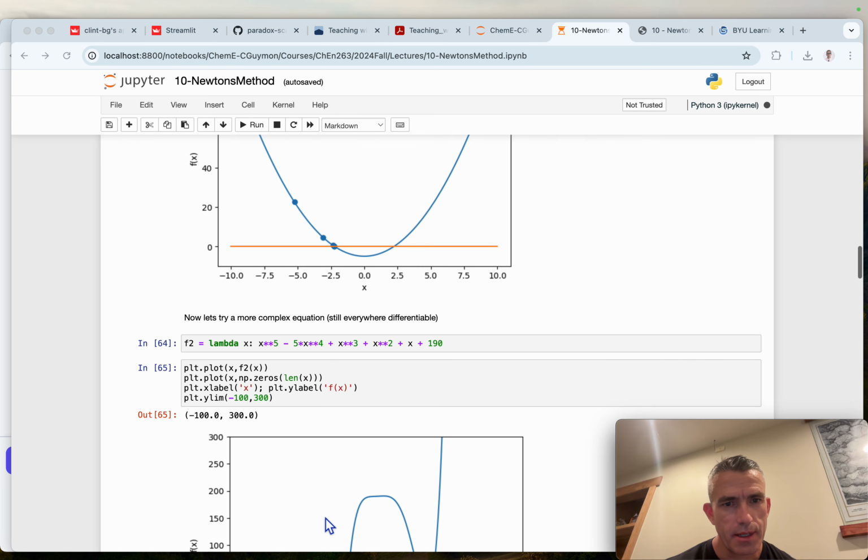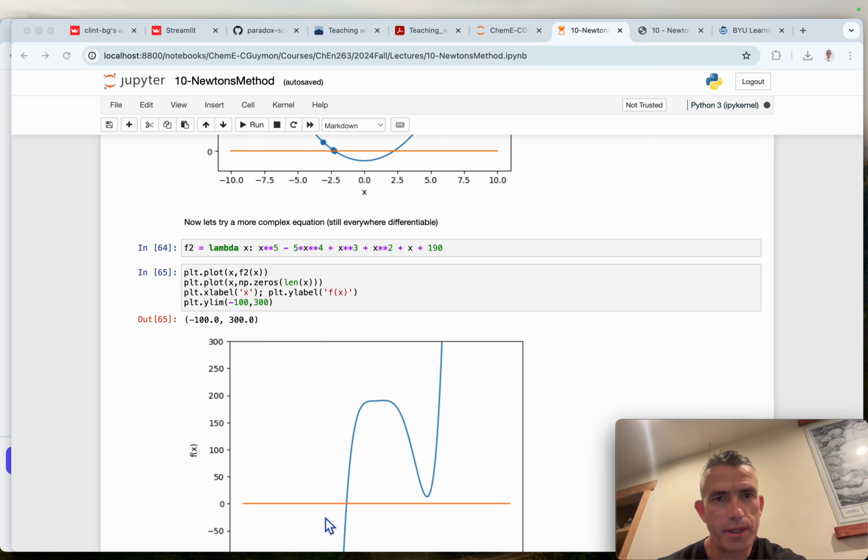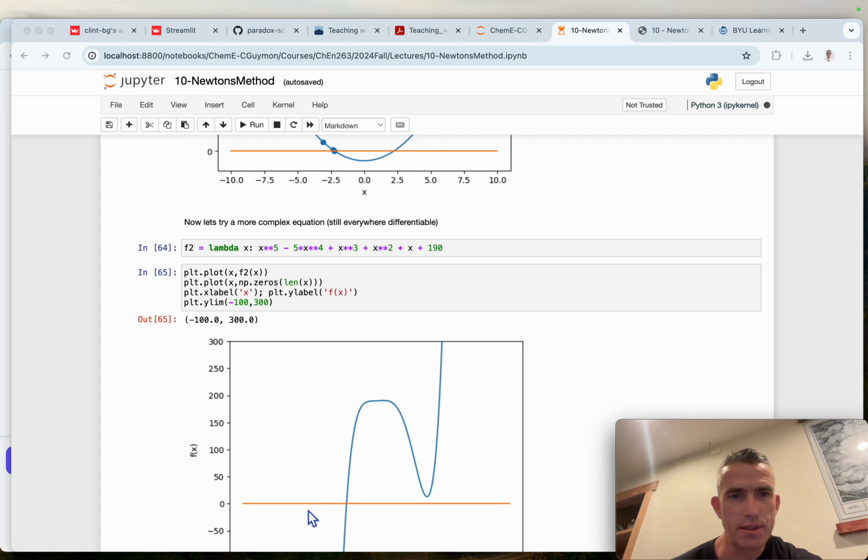And here's a more complex example where you can differentiate it still everywhere. And this is the x to the 5th minus 5x to the 4th, so on right here. That's our function.